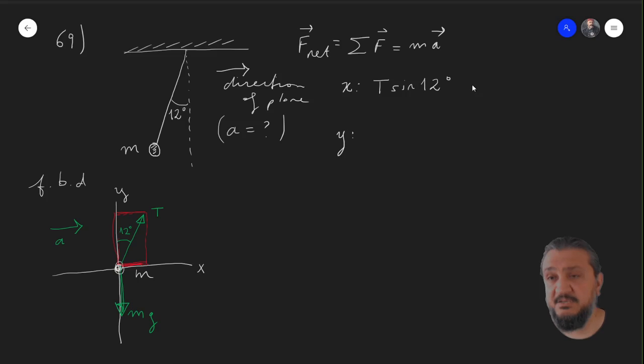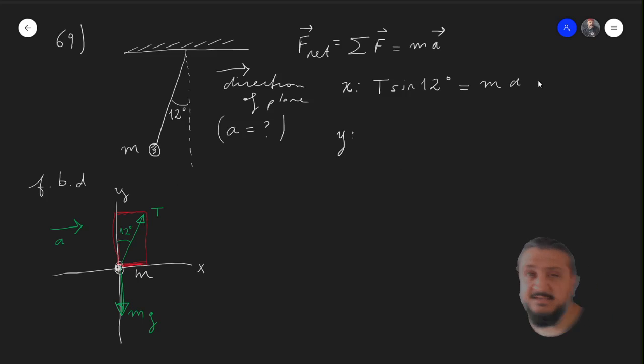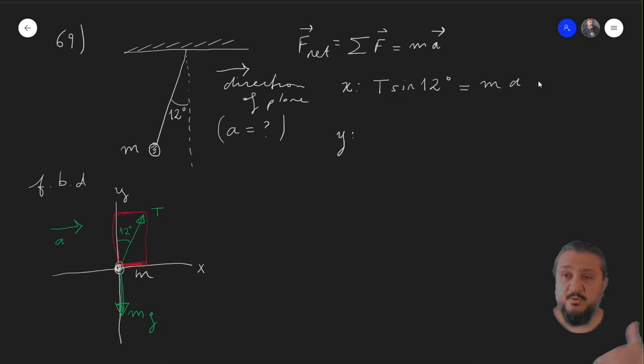So this is equal to, what do I have on the right hand side? M times A. So M, the mass, times A that we're looking for. A has only one component, that is the x component. I don't need to write Ax. I could if I wanted to, but Ax is A, right? There's no Ay.